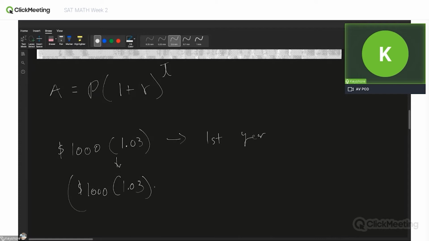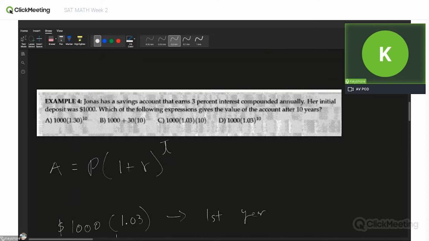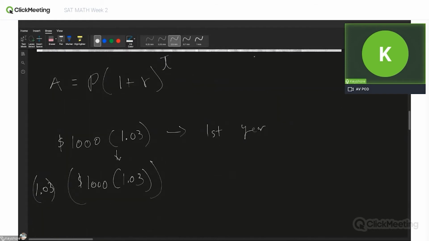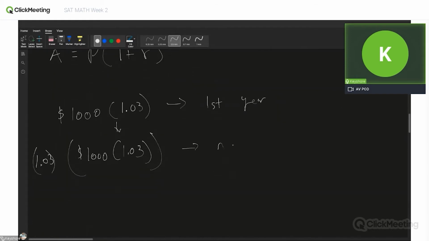This is the amount that I have, and I'm going to take 1.03 out of that. So whatever amount I've compounded, I keep compounding whatever accumulated. This gives exponential growth, and that's why it's called compounding. You just keep adding on to whatever you've got, and then you take its interest. And this is the second year.